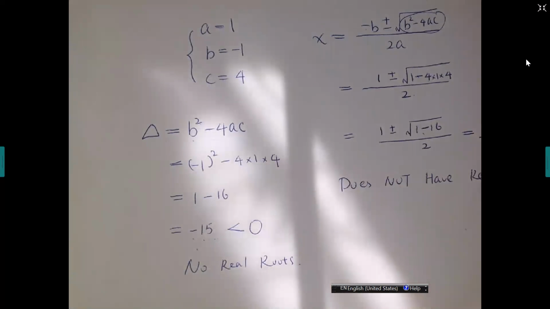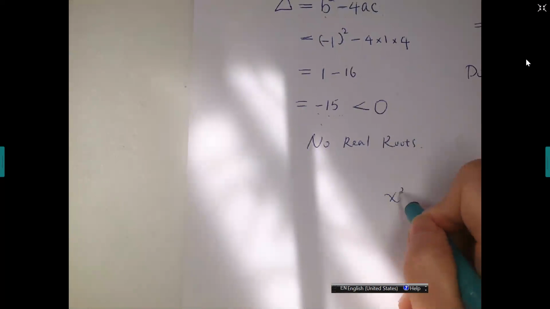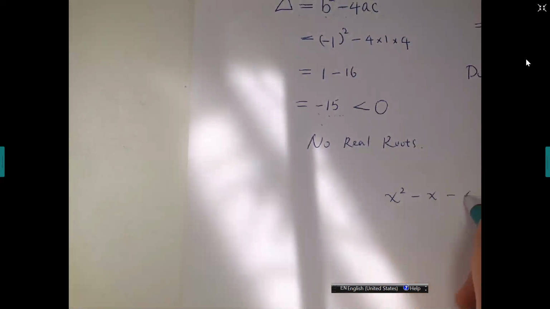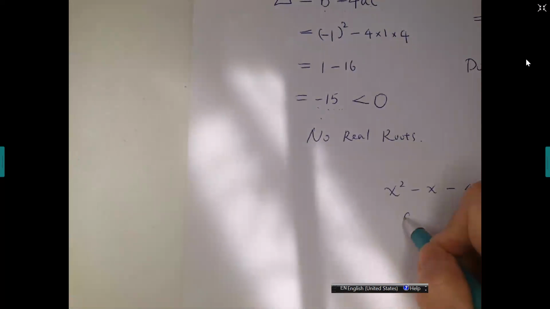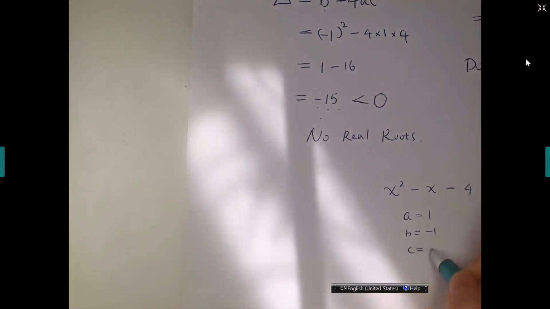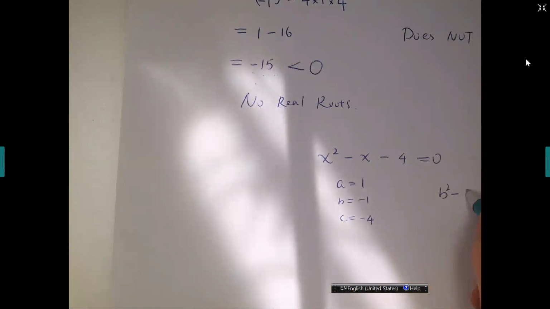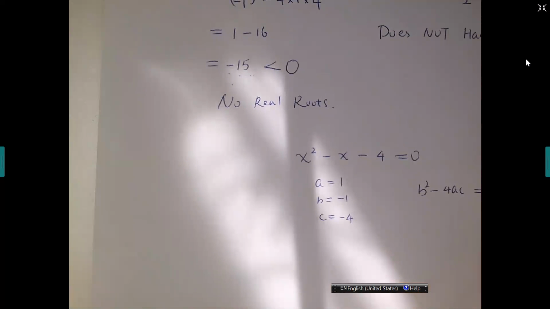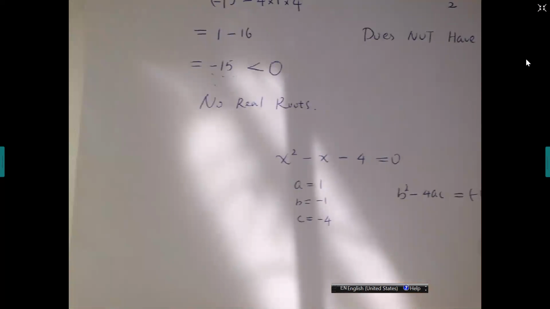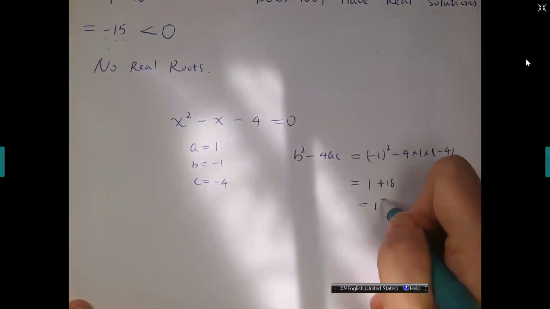If the indicator is different, for example, when we have x squared minus x minus 4 equals 0, I write down a equals 1, b equals negative 1, c equals negative 4 right here. I do this one: check b squared minus 4ac first. This equals negative 1 squared minus 4 times 1 times negative 4, which equals 1 plus 16 equals 17.